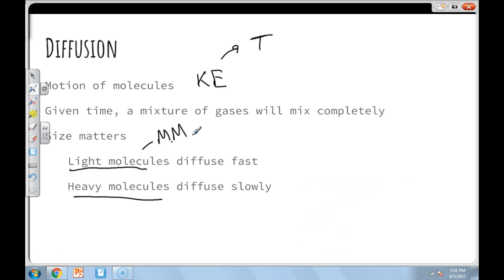Only because there's one slide, I'm going to show you why that is. Kinetic energy is equal to 1/2 mv squared.